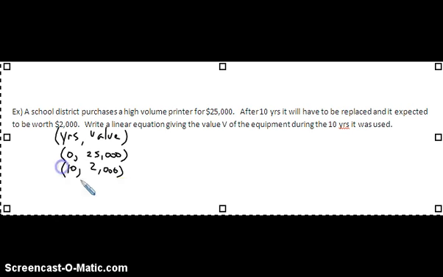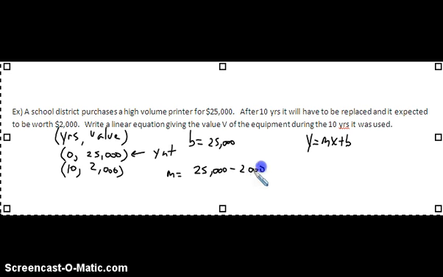So what I can look at now is say that this is my y-intercept, because that's where the x value is 0. So my b is actually really 25,000. All I have to do to be able to write my equation for my line would be to find the m. So if I find the slope, I would take the y values divided by the x values.